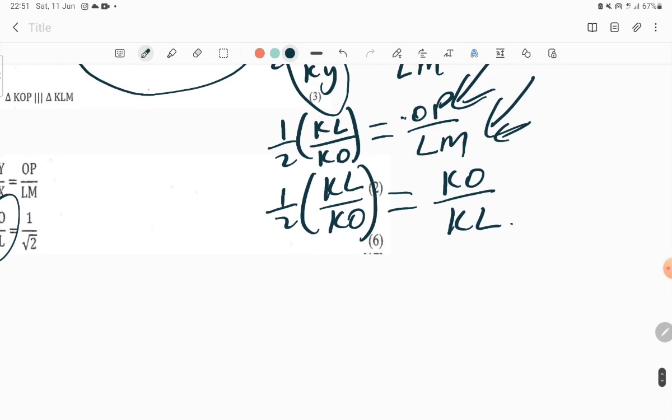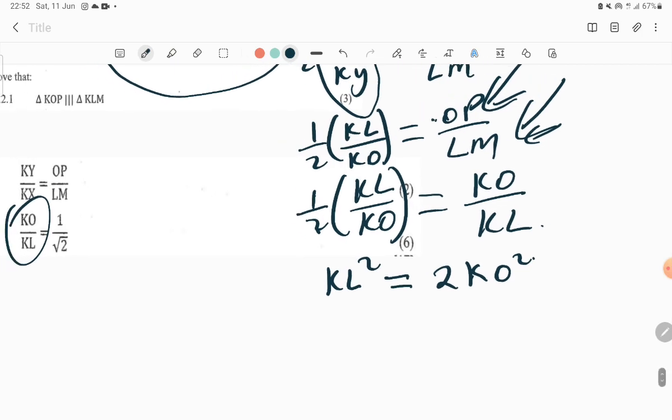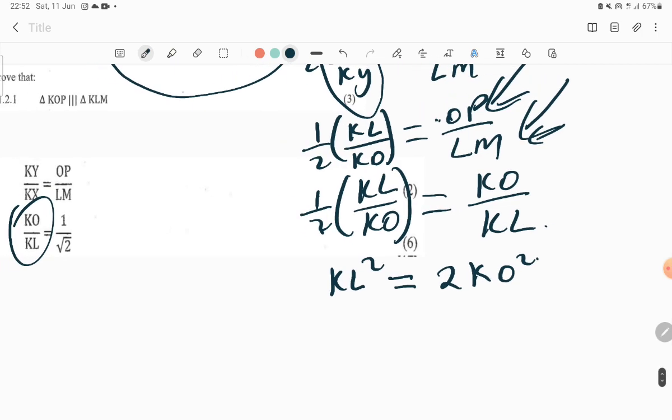Now cross multiplication, we're going to be having KL squared, then this side is equal to, we can just also take this 2, which is going to be 2 KO squared. Okay, now what are we having?